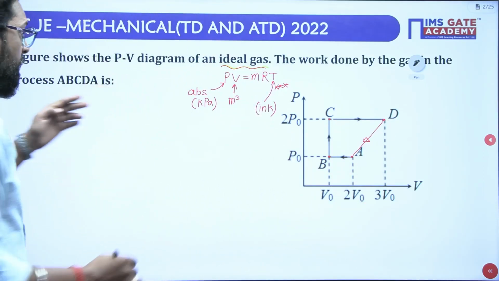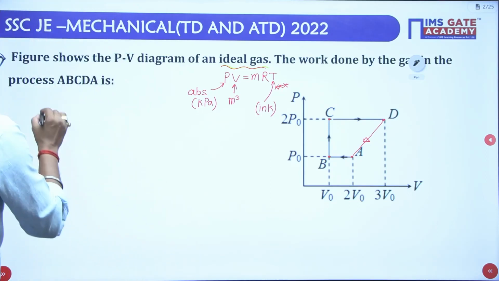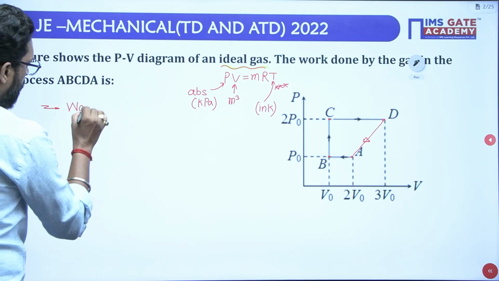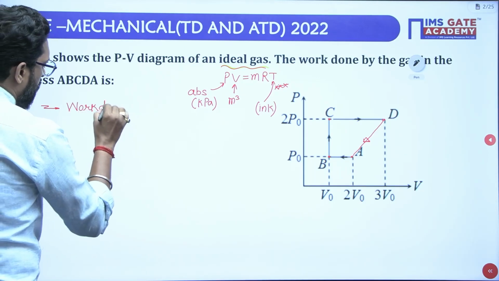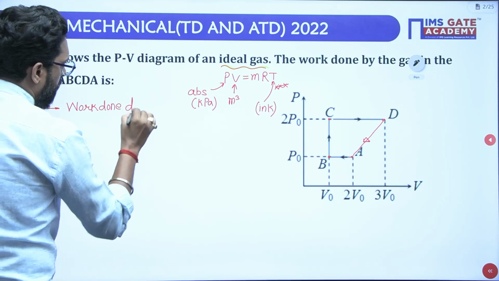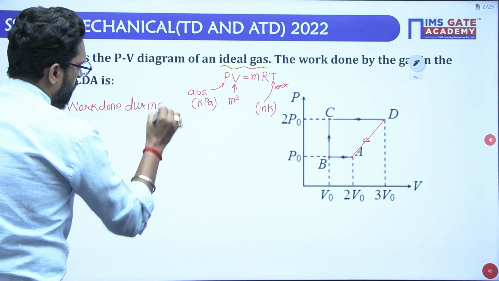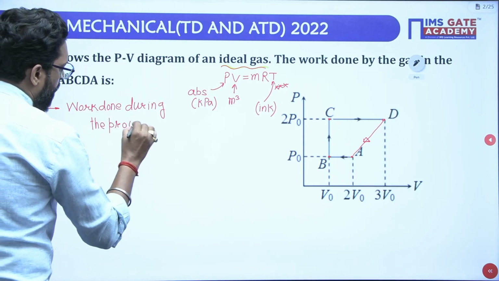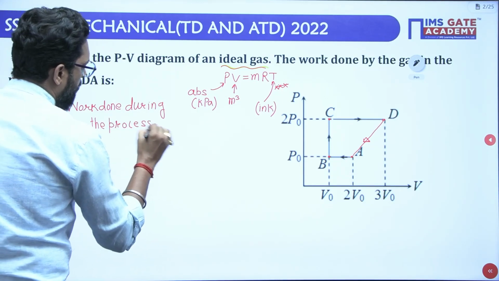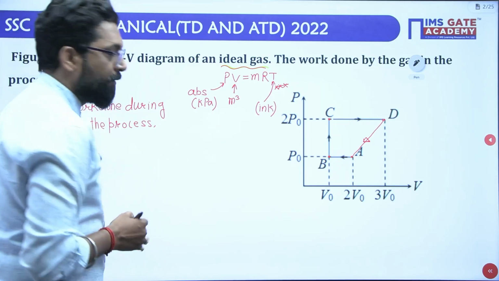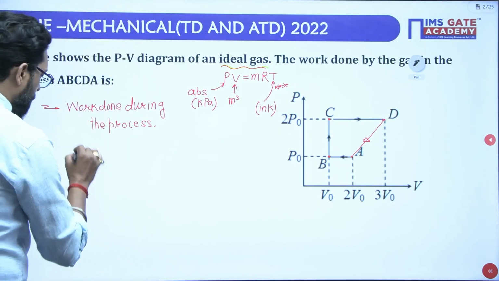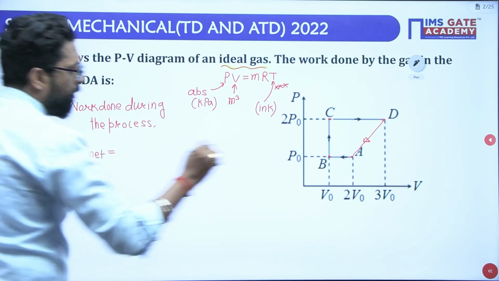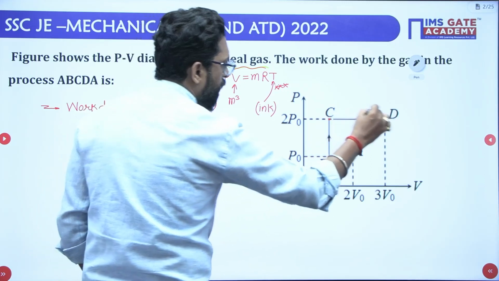They are asking for the work done during the process. We have to find the net work done during the process, and net work done is equal to the summation of the work during all the processes.